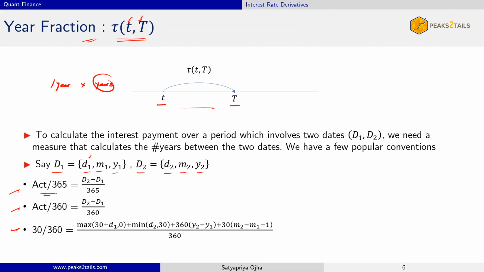The first convention is actual by 365. If you're going by this convention, the formula to calculate year fraction between these two dates is simply d2 minus d1 divided by 365. Number of days between these two divided by 365. That's the formula. One thing I have not given here is handling of holidays.